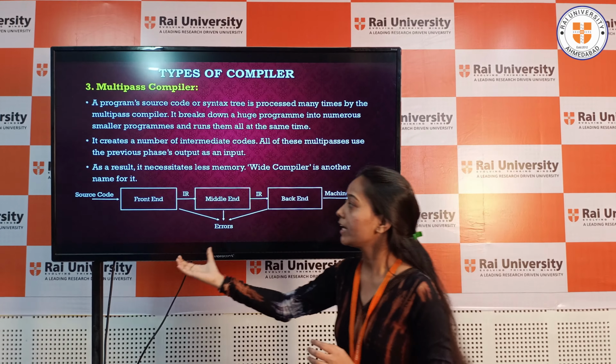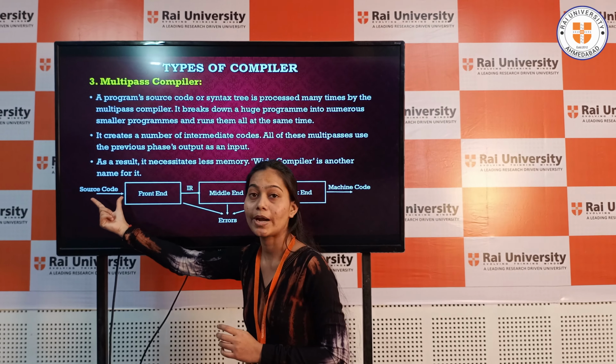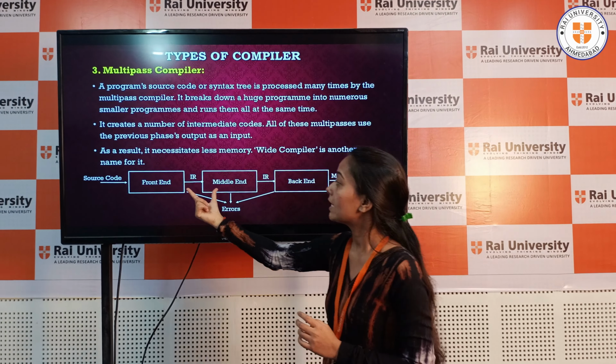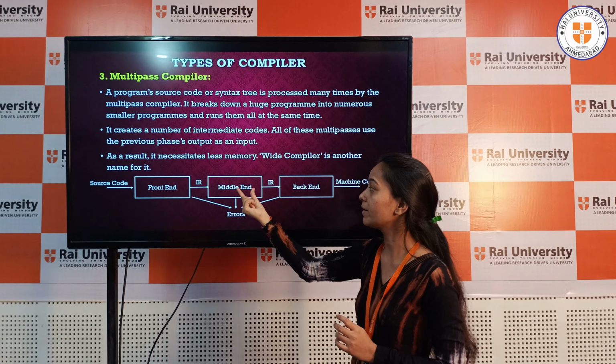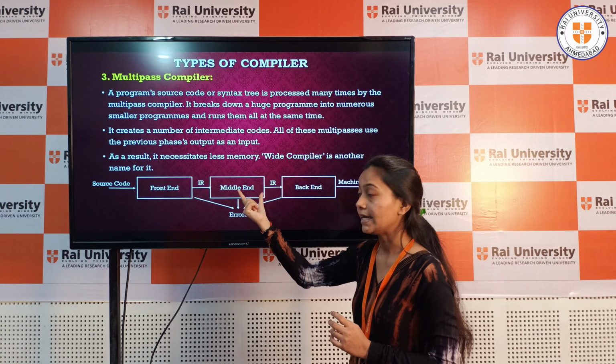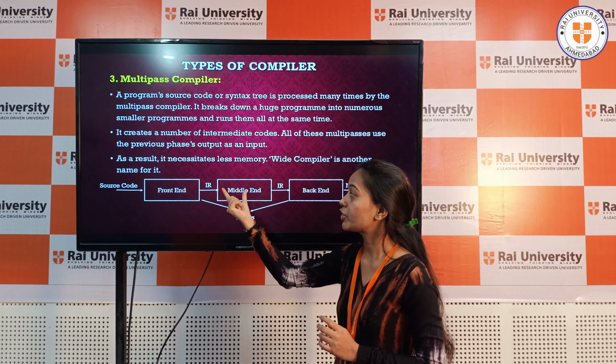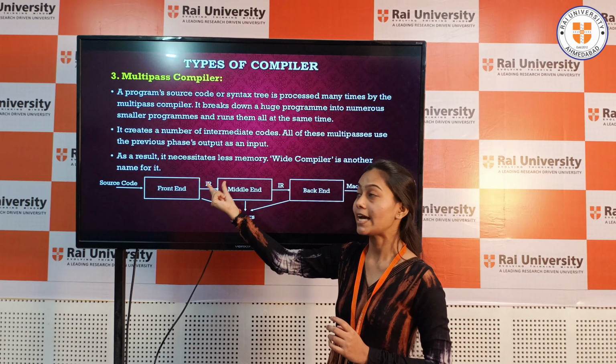So diagrammatically you can see here the source code is provided as an input, then the front end will generate an intermediate representation, and it is provided to the middle end phase, which takes the intermediate representation as an input.